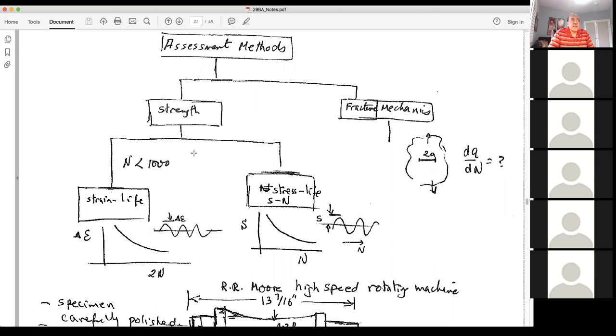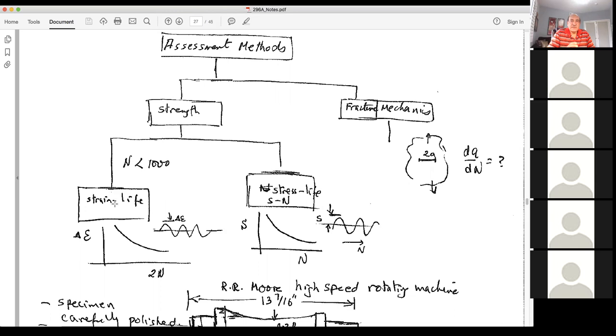We have a strength-based approach with 2 different methods, and then a third one that is based on fracture mechanics. The strength-based methods, one is for low cycle fatigue. If the number of cycles is roughly below 1,000, then we use a strain-based approach.